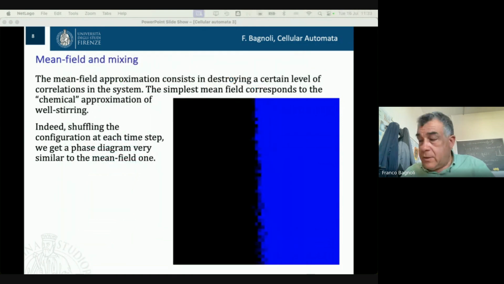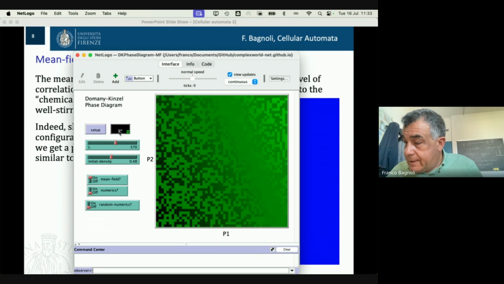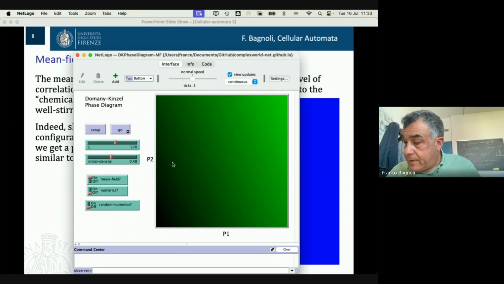In this case, I have divided the system using the patches into several small squares.